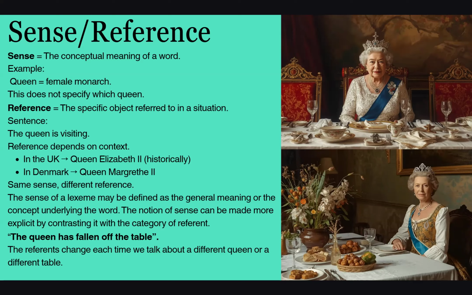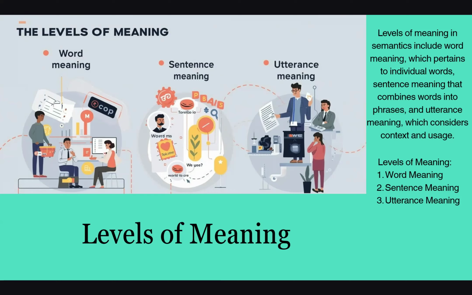The distinction between word meaning and sentence meaning is the basic difference between lexical and phrasal semantics. Another important contrast is between sentence meaning as just described and utterance meaning.